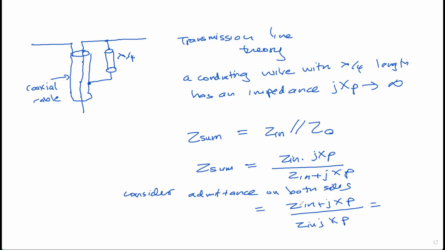Once we divide each of these terms by the denominator, we get the expression 1 over JXP plus 1 over Z in, right? So this is going to be 1 over Z sum. Then since JXP is reaching infinity, the 1 over JXP goes to zero, and 1 over Z sum is going to be equal to 1 over Z in, which means that Z sum is equal to Z in, which means that there's no impedance effect from the JXP or the impedance of the balance.